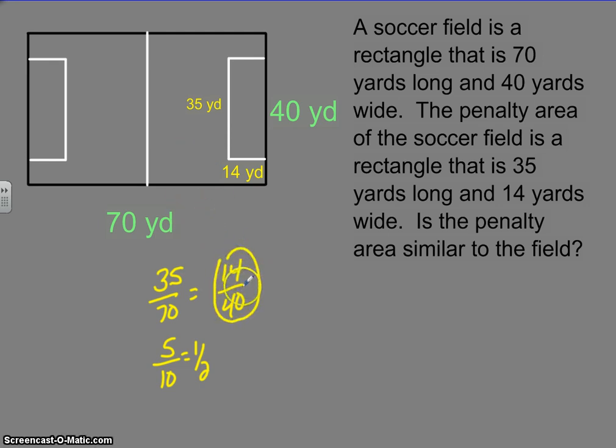Not even close. This would have to be 20/40. If this rectangle was similar to this rectangle, each of these would be equal to the same thing. In this case, I don't have 20/40. If this was 20/40, they would be similar, but in this case, these are not equal, so this is not similar. And it's that simple.